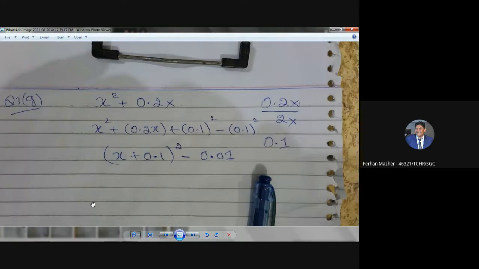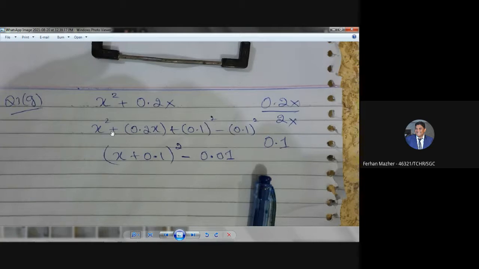That's 0.2x here. So I will take this in my rough work and I will divide it with the 2x. So when I divide 0.2x with the 2x, I will get 0.1. So the square of 0.1 should be added and the square of 0.1 should be subtracted from the given expression. So I wrote that expression, then I added 0.1 square, then I subtracted 0.1 square.